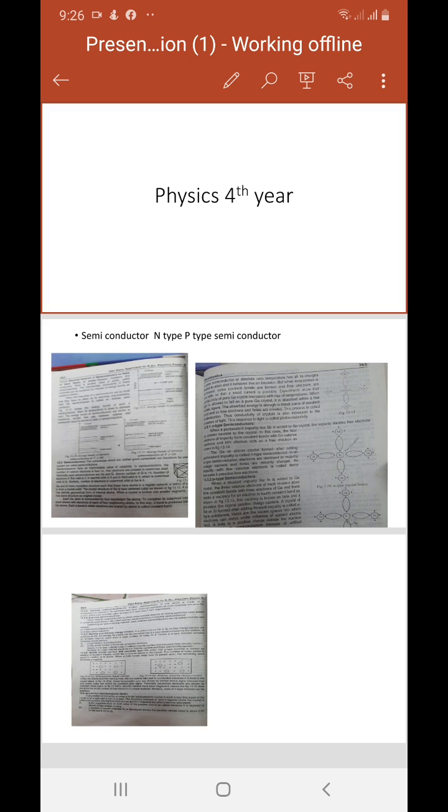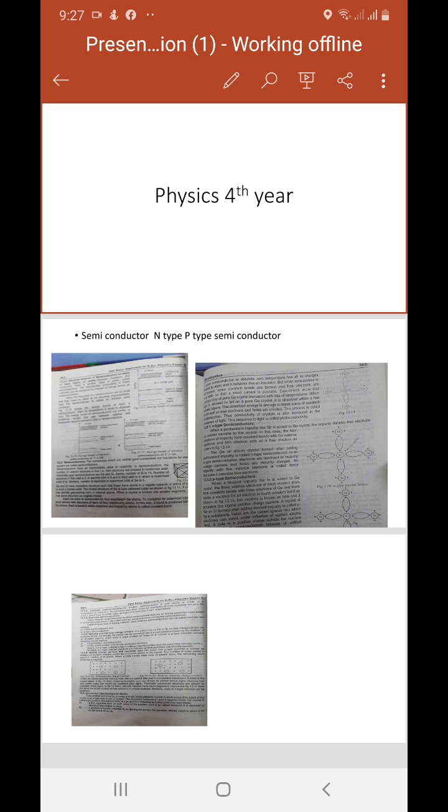Aluminum is a trivalent impurity, and when it is doped with germanium, three electrons make the covalent bond, and there is one hole. A crystal of germanium or silicon after adding trivalent impurity is called a p-type.